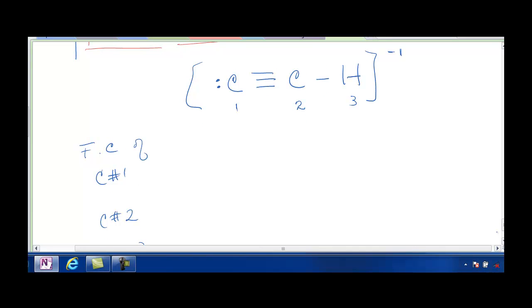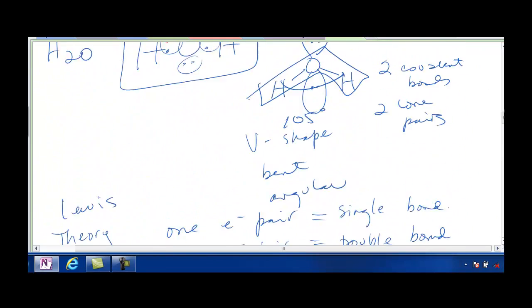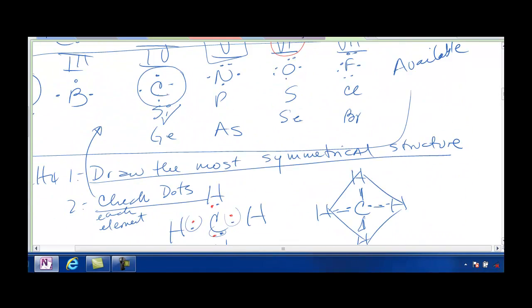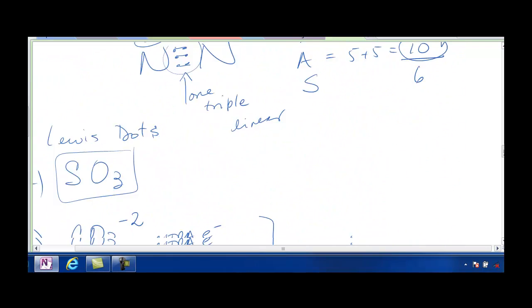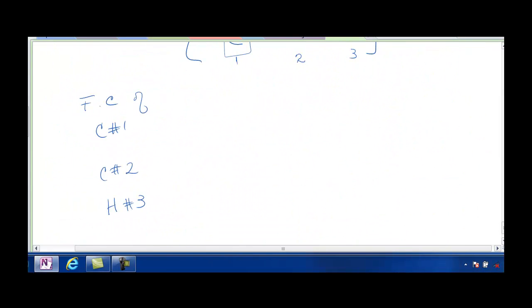You first look at the group number. What is the group number of carbon? Carbon is group 4. Carbon, silicon, germanium, they're all group 4, with 4 valence electrons, 4 dots. So that's step 1. This guy, group number 4. The second carbon is 4, hydrogen is 1.